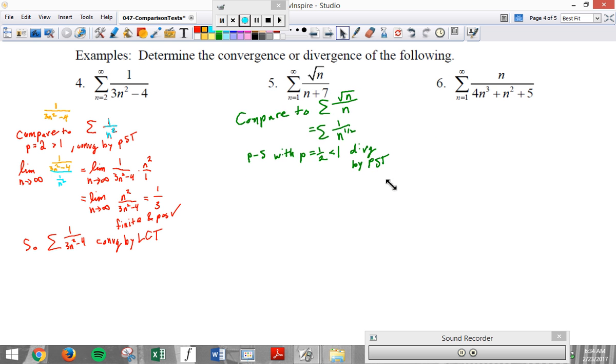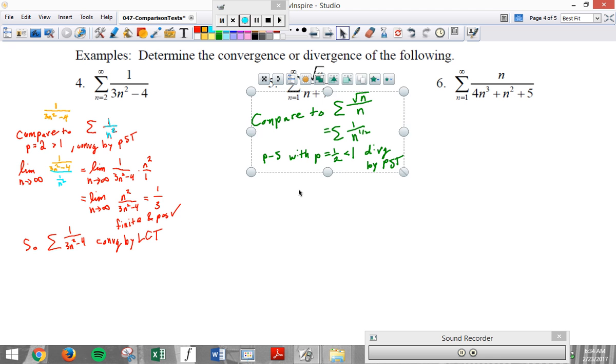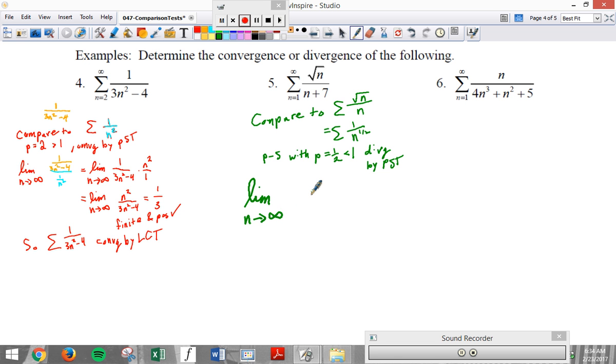P series test diverges if P is smaller than 1, converges if P is bigger than 1. So I want to take this limit, make sure you understand why I'm writing what I'm about to write.